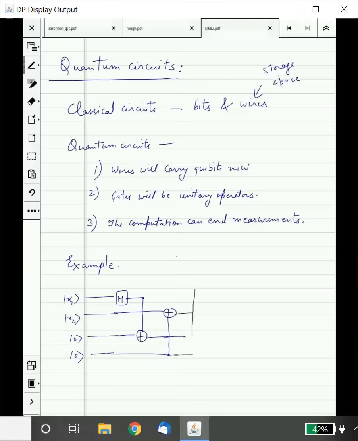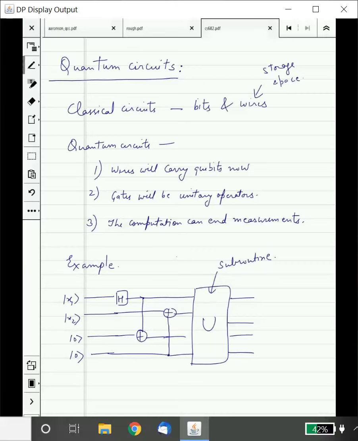Then I can have a complicated unitary which I can apply on all the qubits. So this you might think of as a subroutine whose specification might be given differently. It's a big unitary.